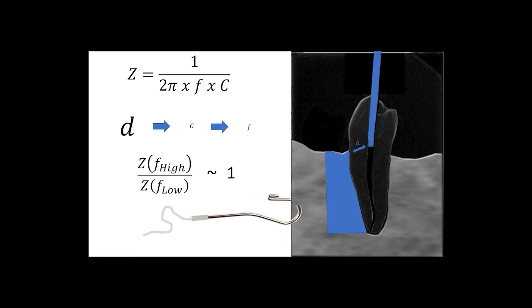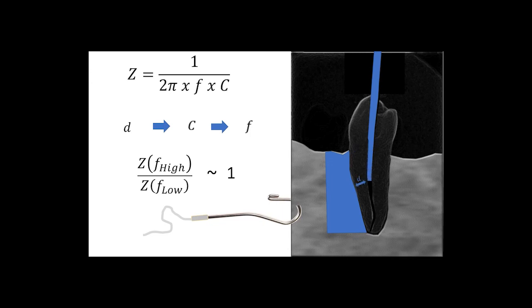As our file enters the canal, the distance between capacitor plates decreases, which increases capacitance and slightly increases the impact of frequency on impedance. However, the effect is minimal and the ratio is still close to 1.